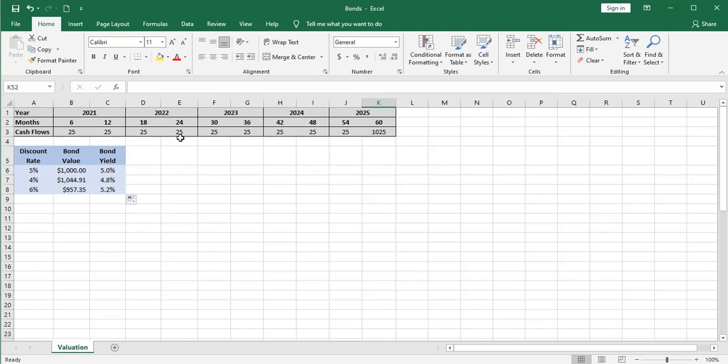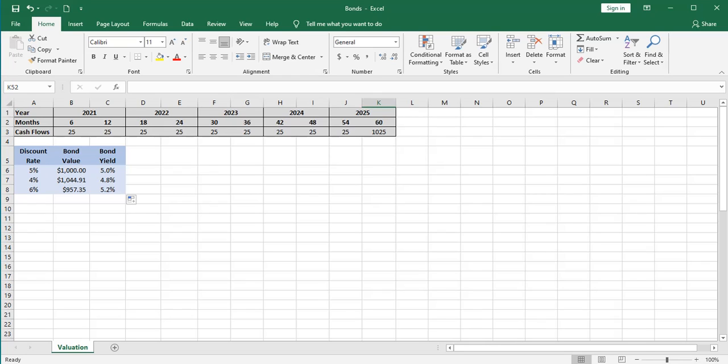It's kind of a theoretical measure of yield. It rarely plays out in fruition because interest rates will change over the time horizon of the bond. Maybe that's a topic for a future video.